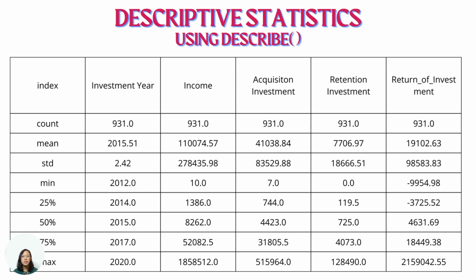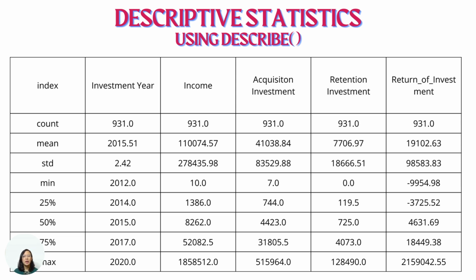Over these years, the minimum year was 2012 and the maximum year is 2020. So from this, we can see that the data has been collected over 8 years, 2012 to 2020. During these years, the average income was about 1 million.